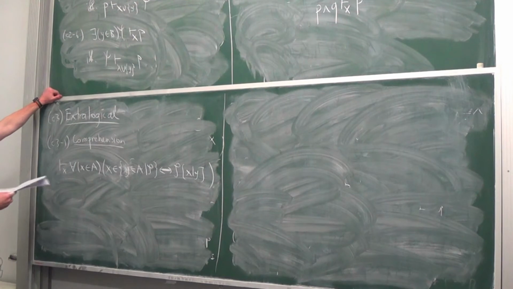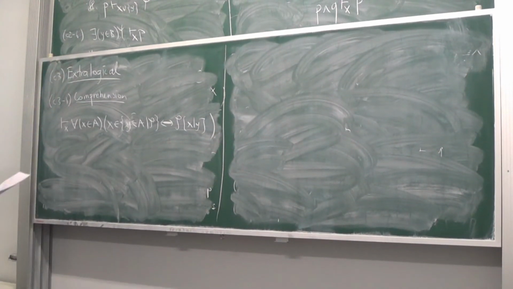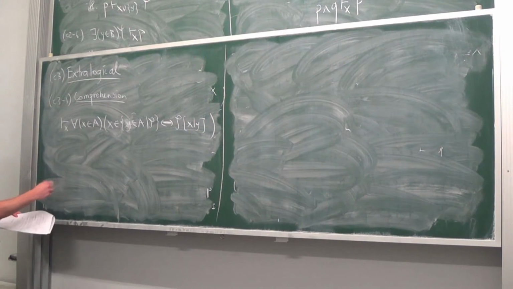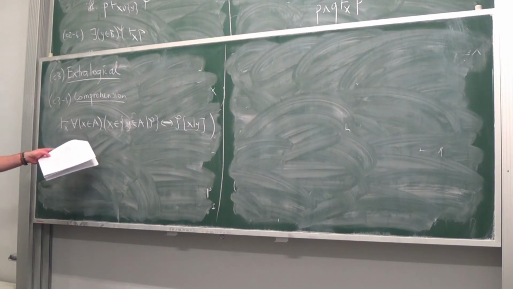So this thing is always in curly E whenever x and y are two variables of type A and phi is any formula, and the hypothesis, as usual, is about replacing. Did I get x and y around the right way here?